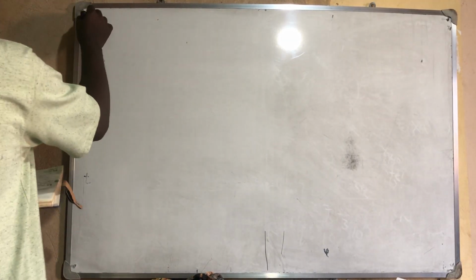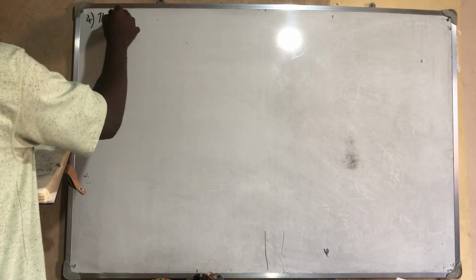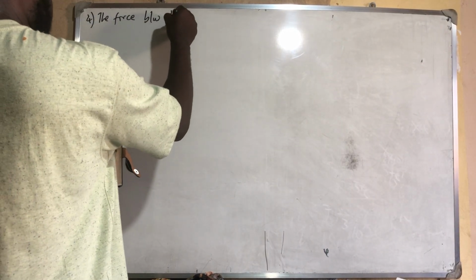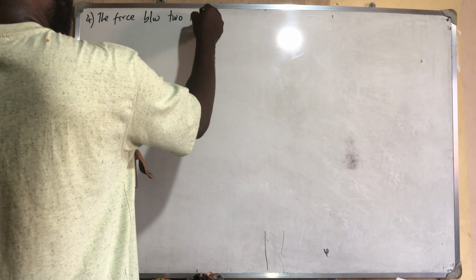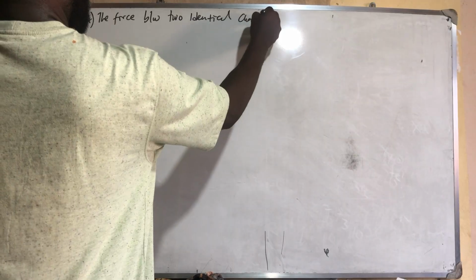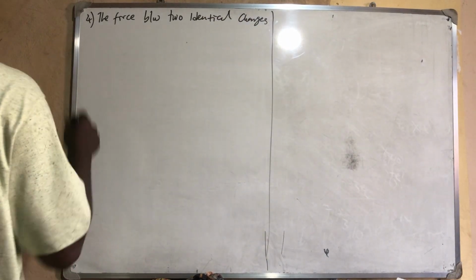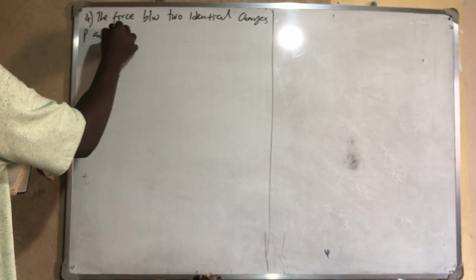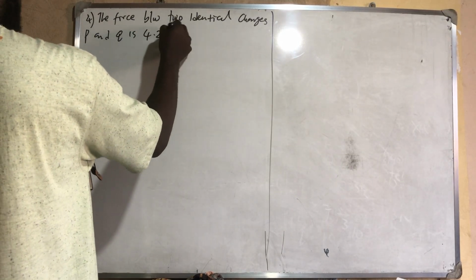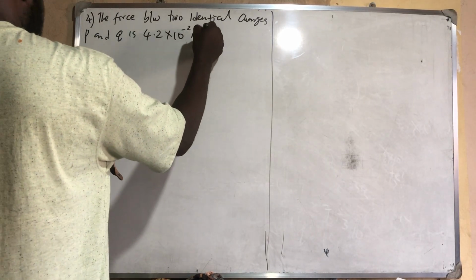And the next question, number 4, said that the force between two identical charges P and Q is 4.2 times 10 raised power minus 2 Newton.